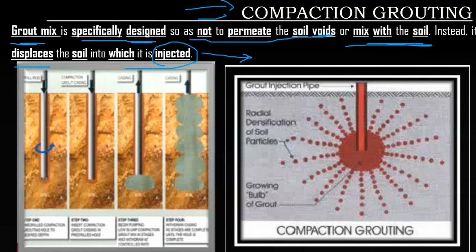cracks or joints. Then the process looks like this: first I need to install the pipe. After that, I start to provide the material, and that material is forcefully applied with some amount of pressure. At that time, the material spreads out to the nearer soil particles or nearer areas. At that time, I start to pull out my pipe.